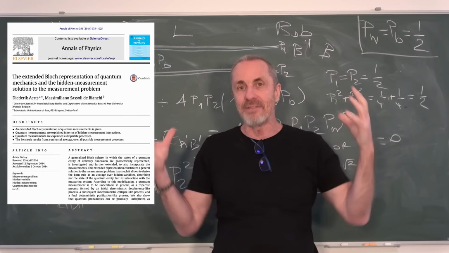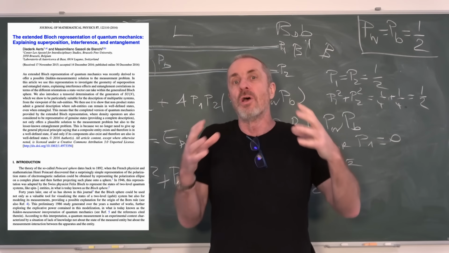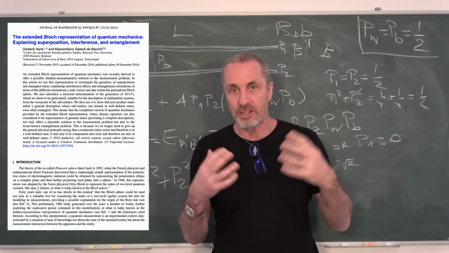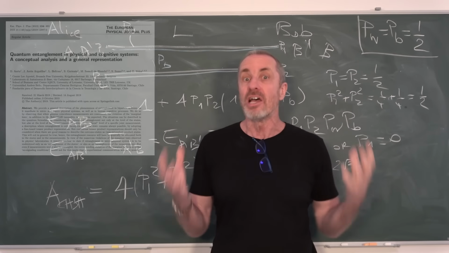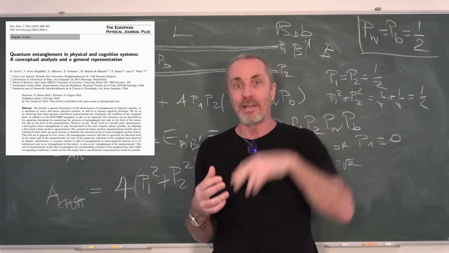It happens inside the so-called Bloch spheres, a generalization, of course, of the Bloch sphere, because when you have measurements having more than two outcomes, the Bloch sphere is not only three-dimensional, but it can become n squared minus one dimensional.